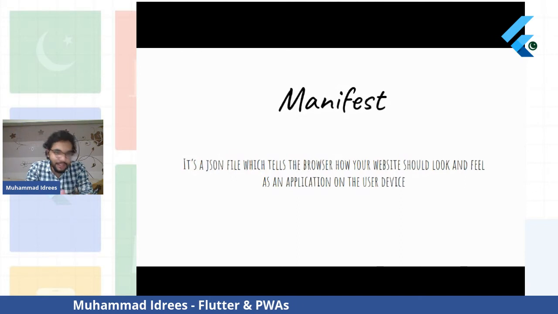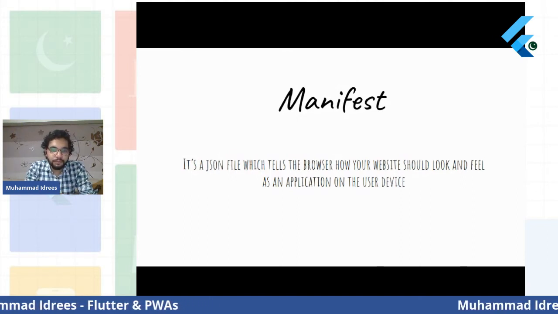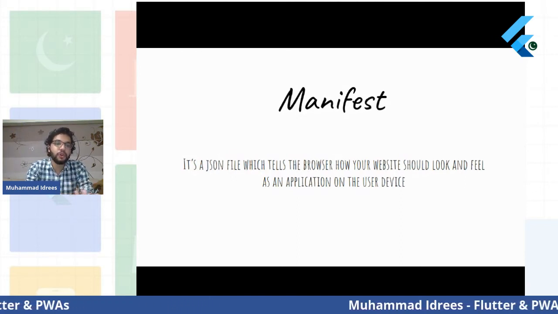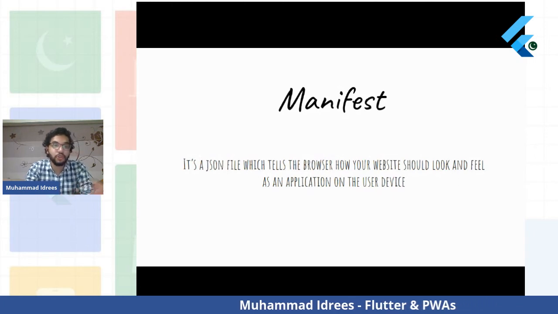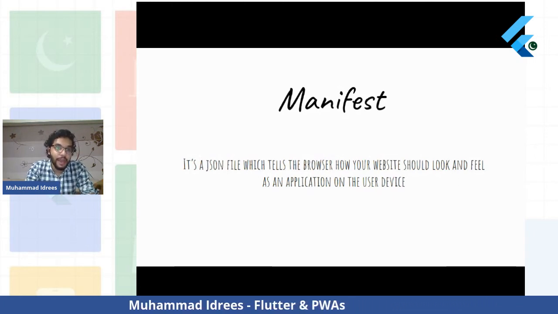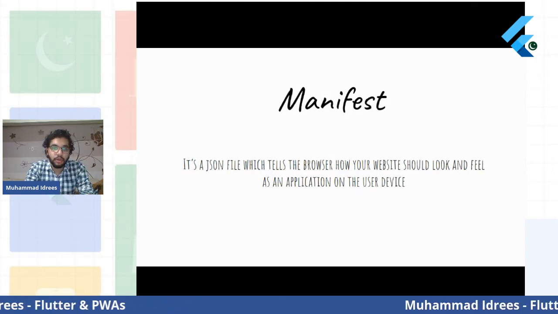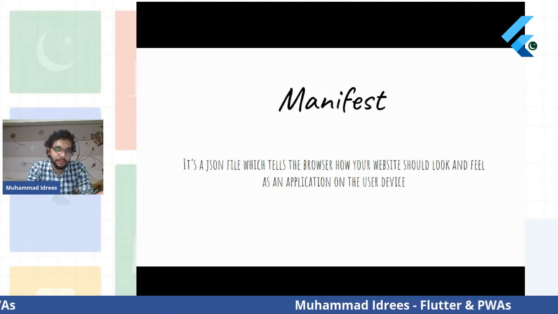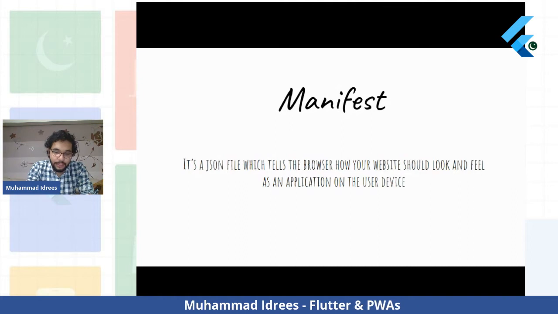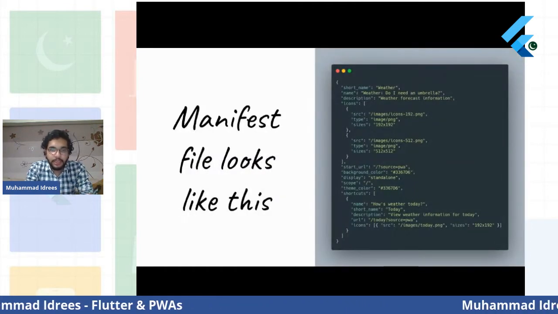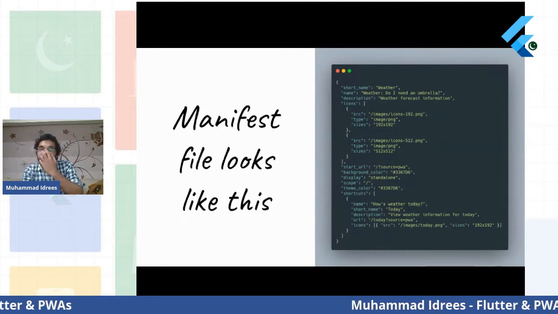It has keys and values, and it basically tells how your website should look and feel as an application. This is the most useful part because this is what makes the website a PWA. So we're going to have a deep look.